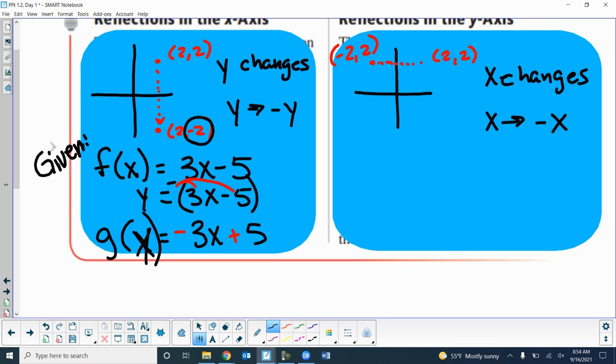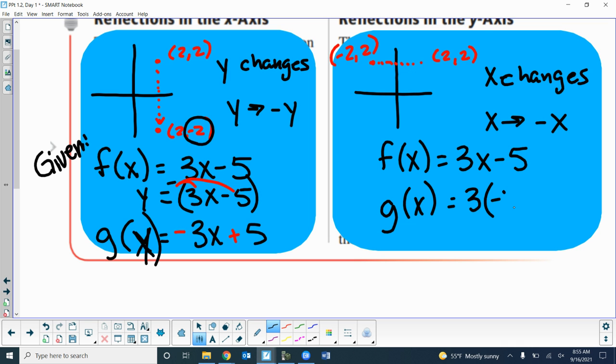All right, so if we have our given, f of x equals 3x minus 5, my g of x, I just do the x part, not the whole thing. Well, what is 3 times negative x? If I clean it up, that's negative 3x, right?